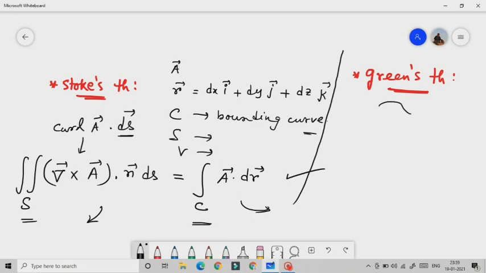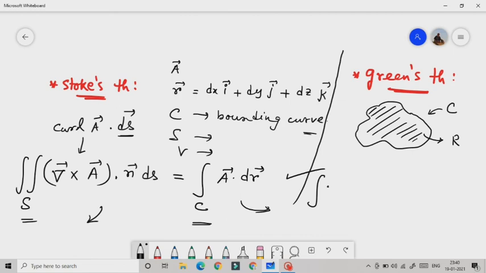Whatever region you are considering, the bounding curve is C, and this area is given by R. Suppose you have this quantity M dx plus N dy, where M and N are continuous functions of x and y inside and on the bounding curve C.